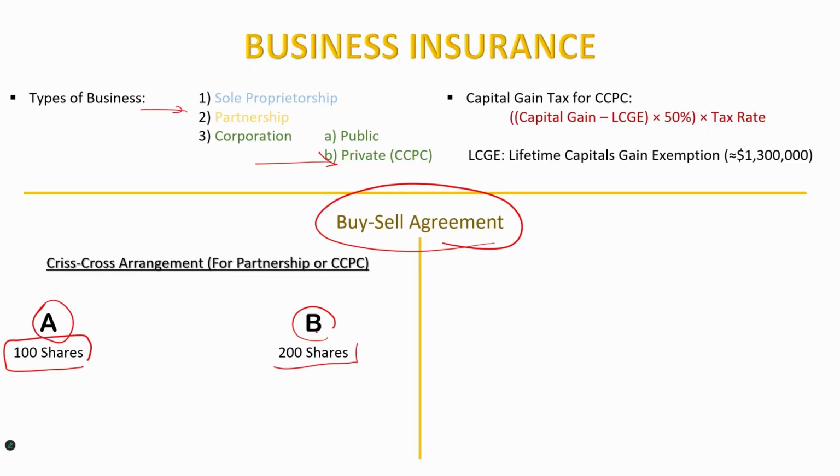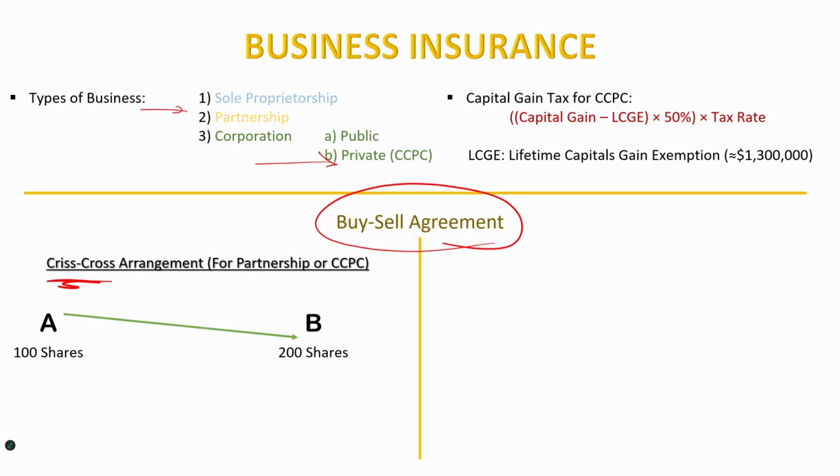If B dies, A is going to buy those 200 shares. All right. And this is an agreement that cannot be voided. So when they pass, B will buy the shares and nobody can dispute it. So for funding the money for these shares, they're going to purchase life insurance on each other. That's where the crisscross comes in.